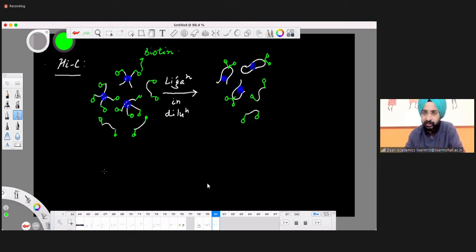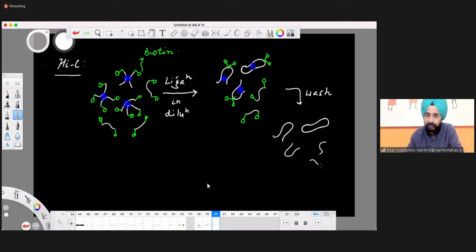If you now perform the washing step with whatever buffer they use, what happens is that we end up having only these complexes. The other DNA will not have the biotin.